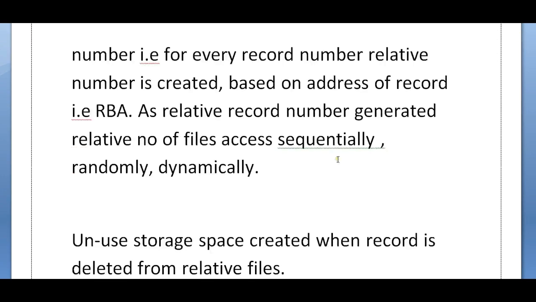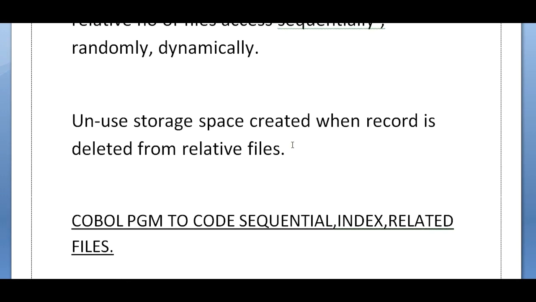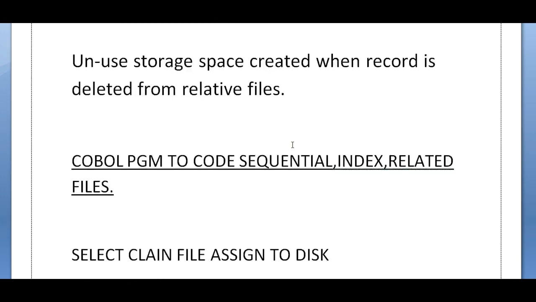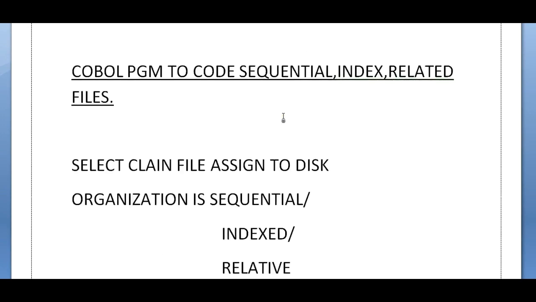One of the best advantages is that, as the relative record number is generated, relative files can be accessed sequentially, randomly and dynamically. We can access in any of these three ways. Unused storage space is created when a record is deleted from a relative file, so relative files will clear the space.